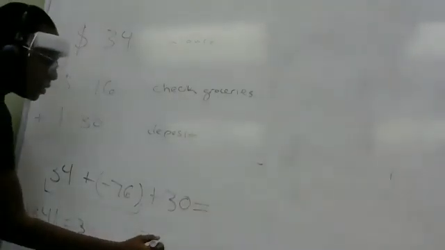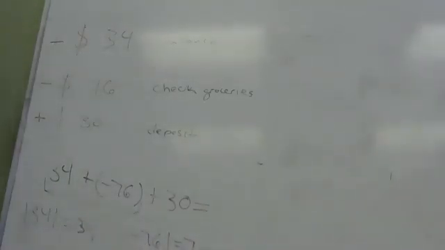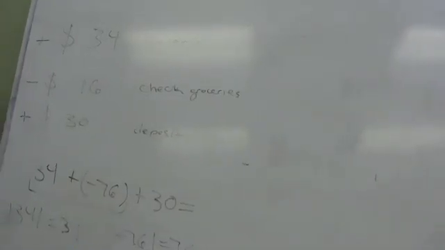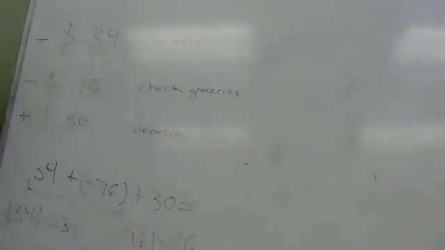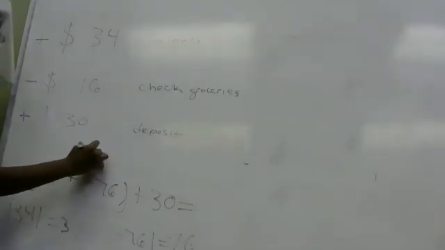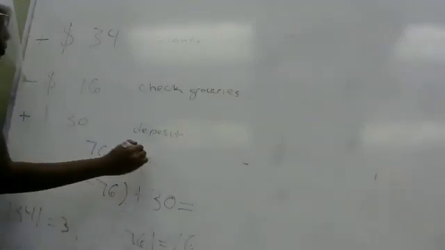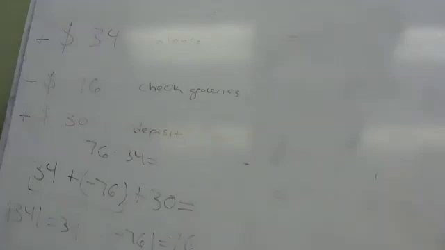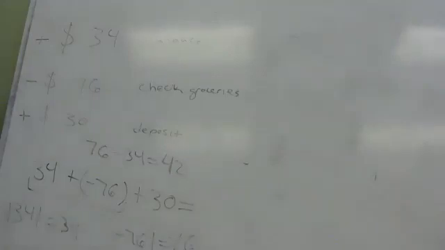Absolute value of -76 is 76. What do I do with those numbers? Subtract them. 76 minus 34 gives you 42. And the final answer is going to be -42.